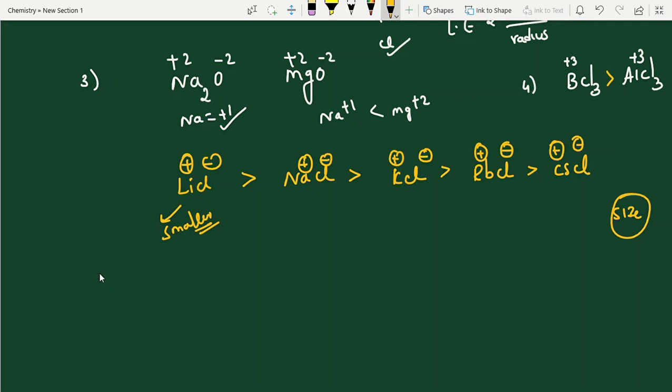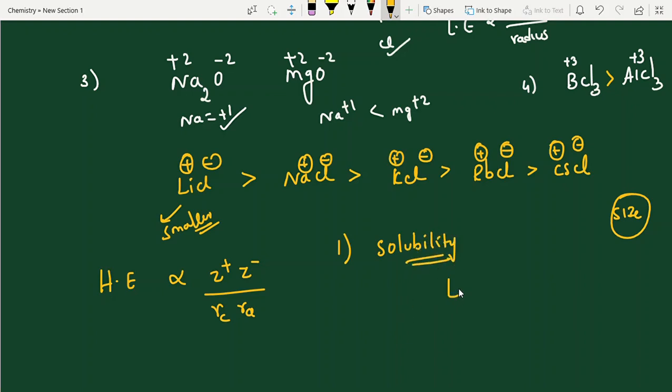Now hydration energy. Hydration energy is also the same thing. It is directly proportional to charge, inversely proportional to radius. But how to select? A smaller cation has more hydration energy also. But I am telling one point, students, about solubility. As we move down the group, top to bottom, lattice energy decreases, hydration energy also decreases.